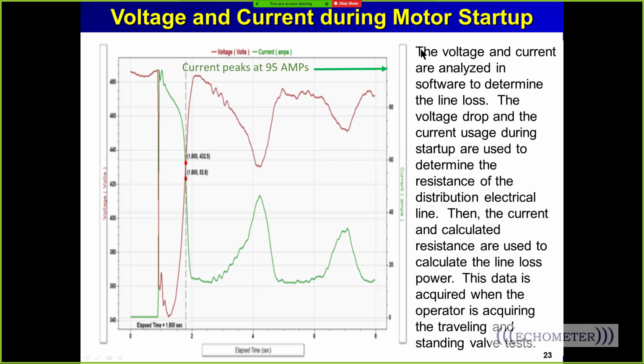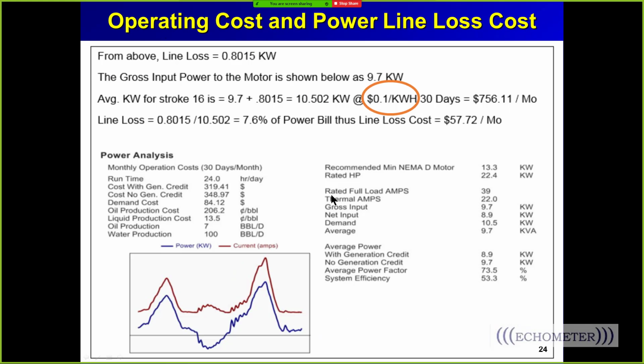This shows the current and the voltage. The voltage starts at 480 and drops to 340 during starting, and then we can use that to calculate the line losses.